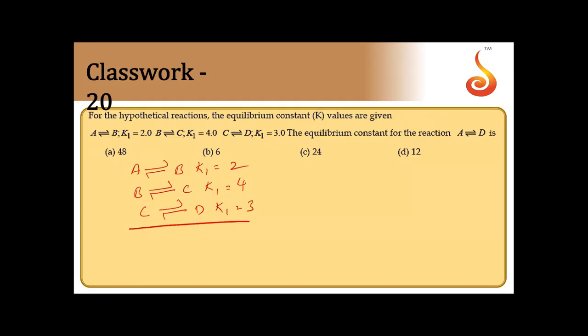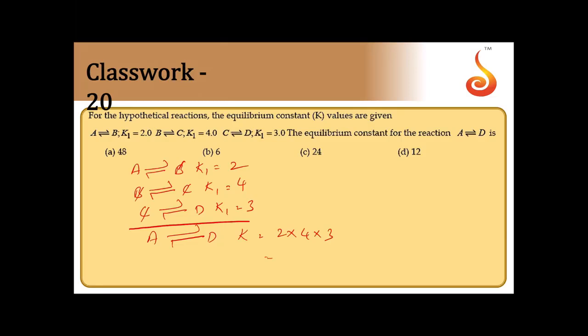When you add all three equations, this gets cancelled here, this gets cancelled here. You are going to get A giving rise to D, which has K equal to the product of the three. K is equal to 2 into 4 into 3. So K1, K2, K3 values are given to us, therefore the product of all three values.